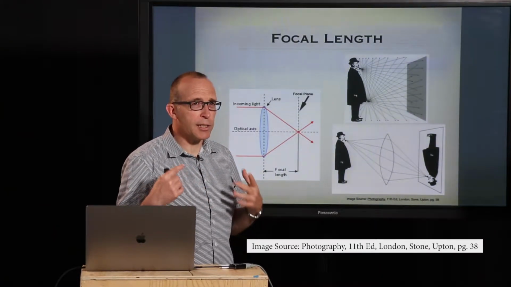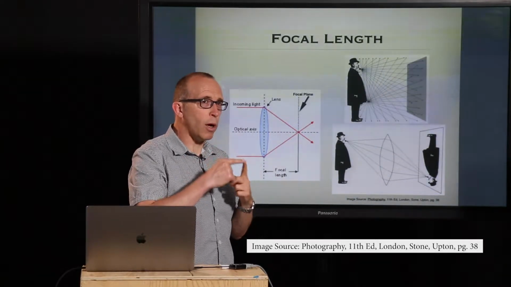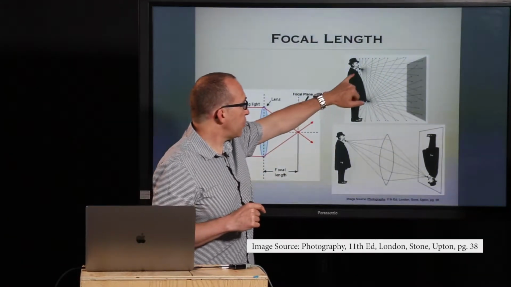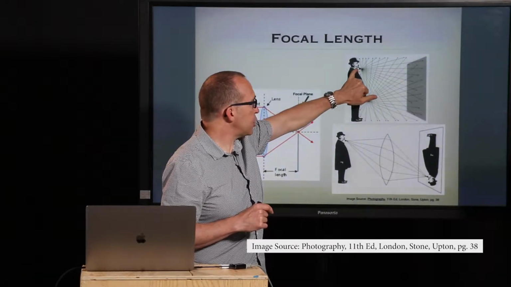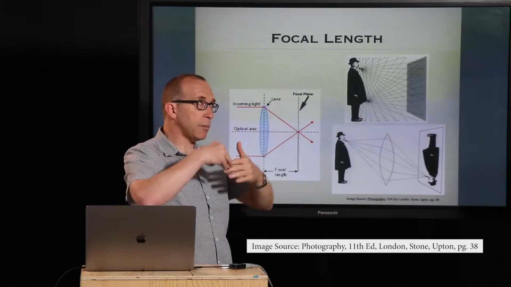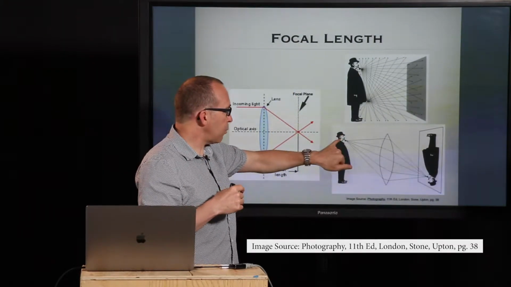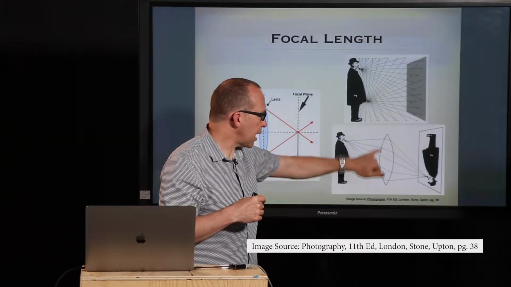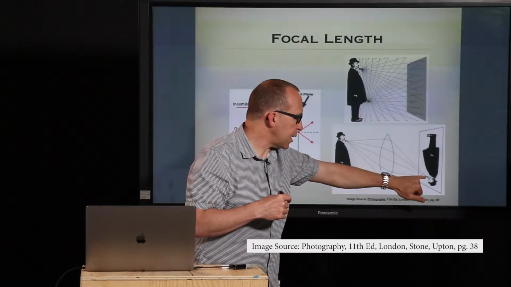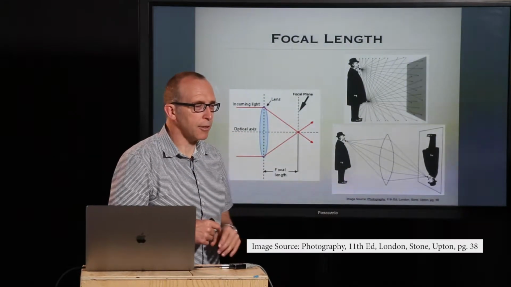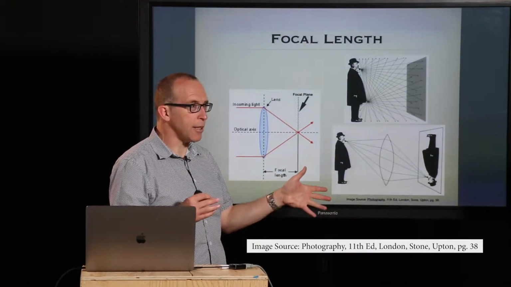So to make things simple, we just think about one spot. If we were to just think about his pipe, the light coming from the sun, hitting the pipe and bouncing off, and we follow those paths of light, there they are, striking the lens, bending, and then coming to a focus point upside down on the sensor. I don't want to get into why it's upside down, but it just is.